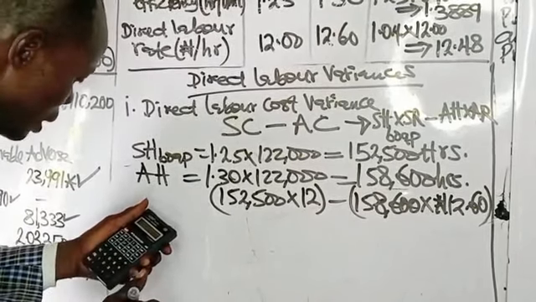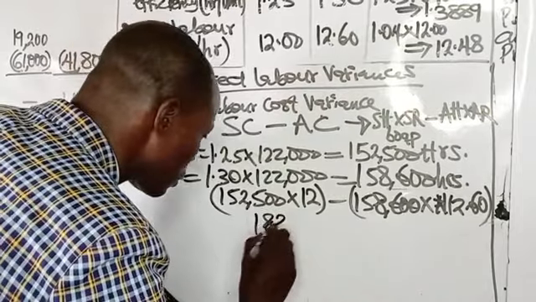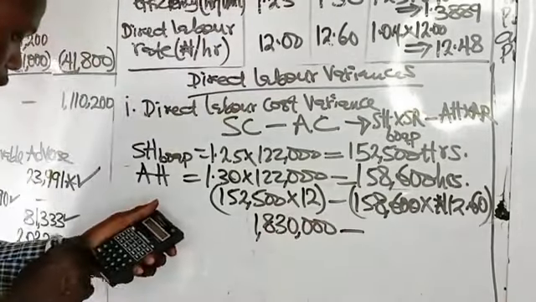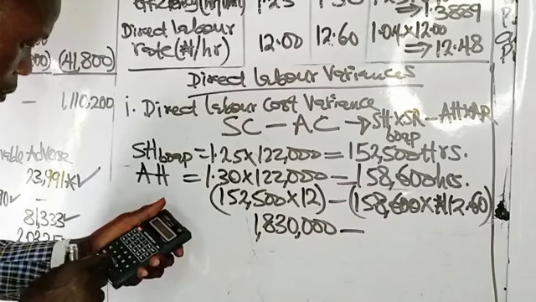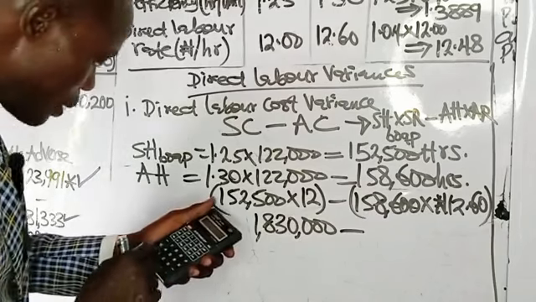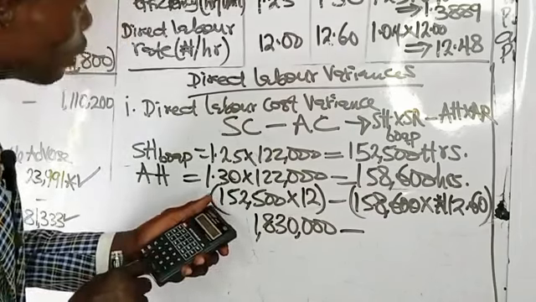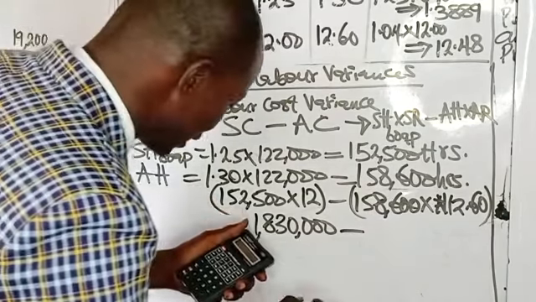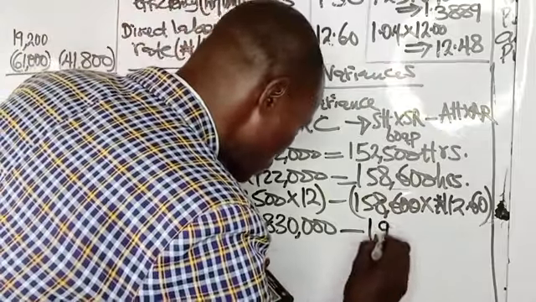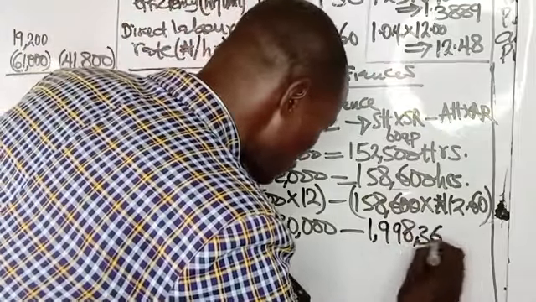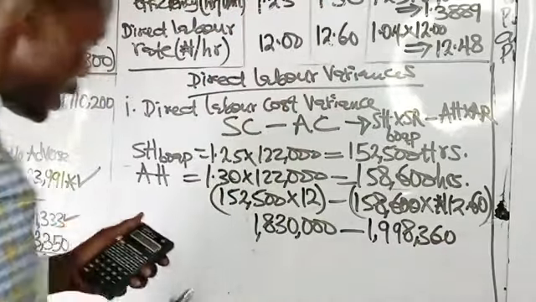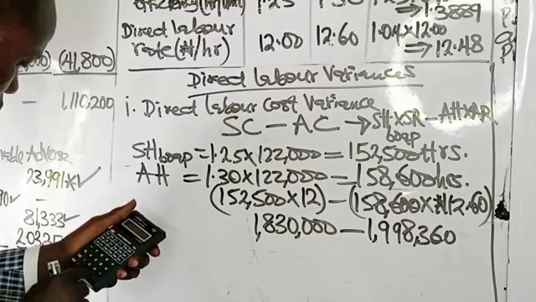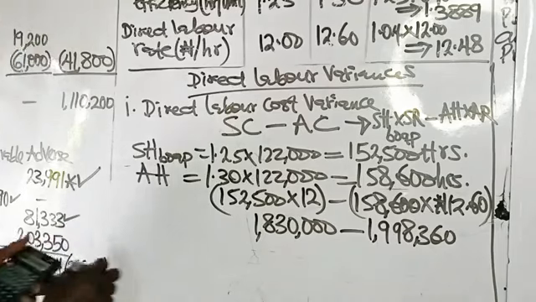So we have 1,830,000 minus 158,600 times 12.6. So we have 1,998,360. So what is the difference between this and this? You have 168,360.